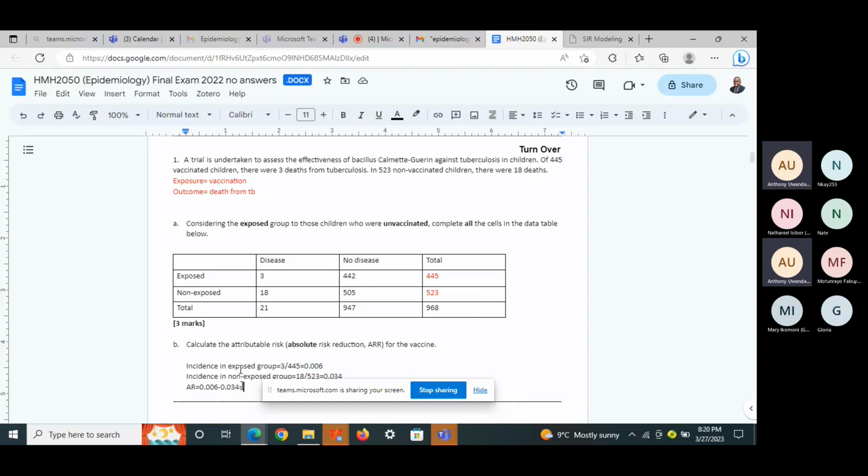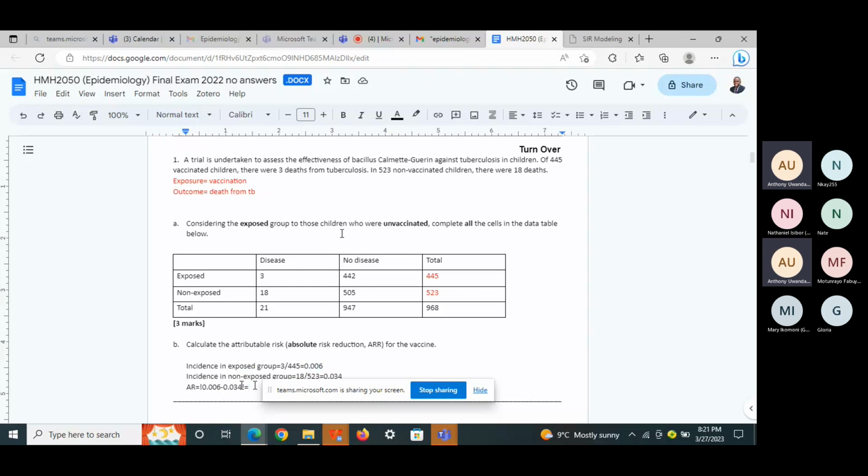Okay, so the formula, like you said, is supposed to be exposed group minus non-exposed group. So I'm supposed to put a straight line here to show you that it is an absolute value. It tells you that the difference you are getting is an absolute risk, not a negative sign.